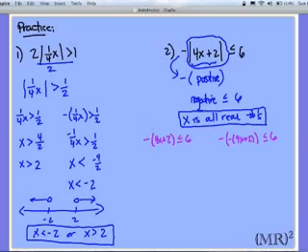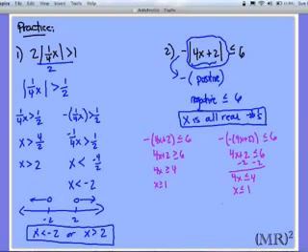And here, I'll divide both sides by the negative, which will switch the direction of my inequality. I'll subtract 2 from both sides and divide by 4 on both sides, which gives me x is greater than or equal to 1. Over here, I see that I have a negative negative, which will become positive. So I'll just have 4x plus 2 is less than or equal to 6. But I'll subtract 2 from both sides to get 4x is less than or equal to 4. And dividing by 4 on both sides, I'll get x is less than or equal to 1.